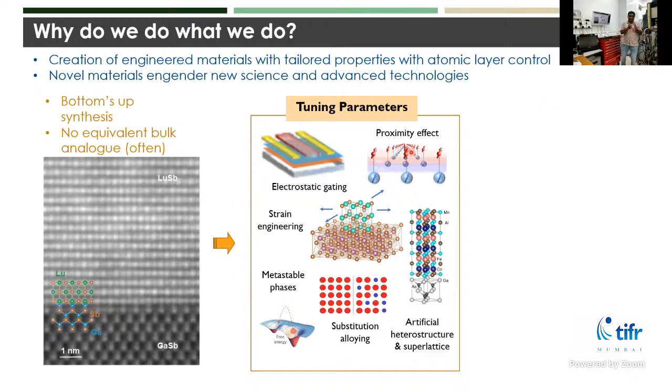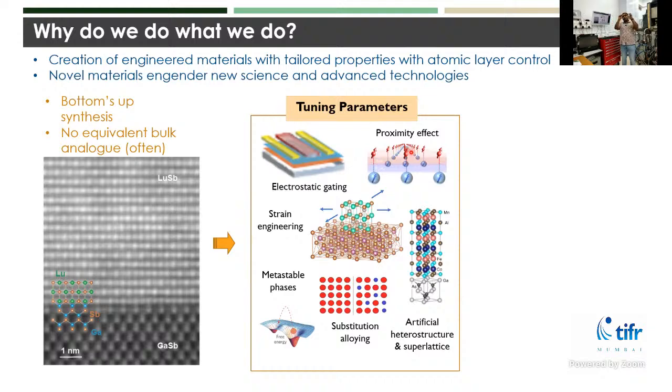This is the same example as I gave earlier, where you have a material with one property in close proximity with a material with another property, and this gives rise to a new emergent property which is different from either of the individual properties. Similarly, when you're raining down atoms, you can use a starting template where your atoms are a little bit more separated than the one layer that you're growing in a bulk form.